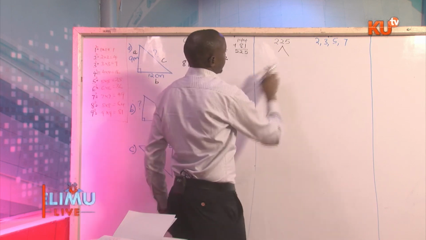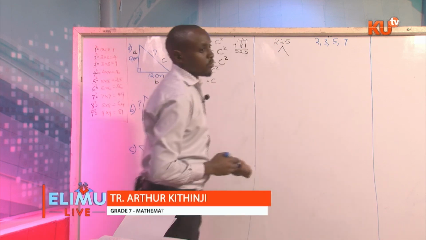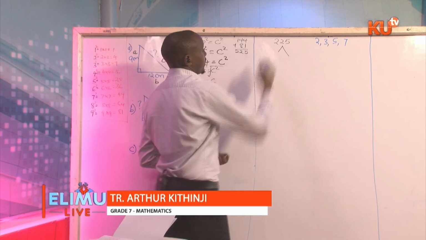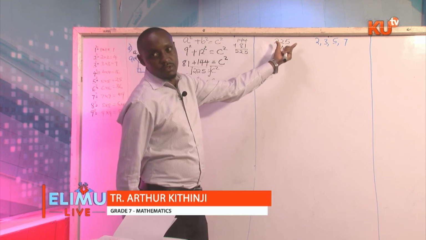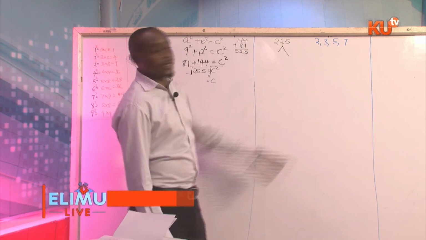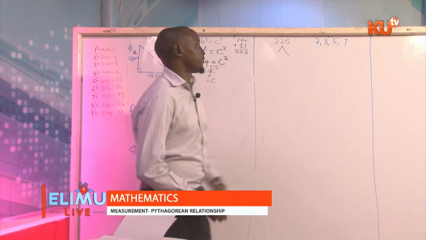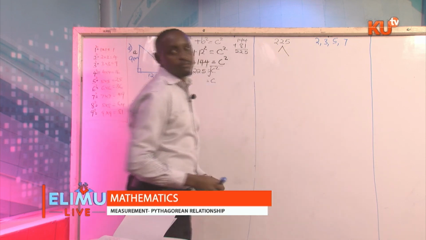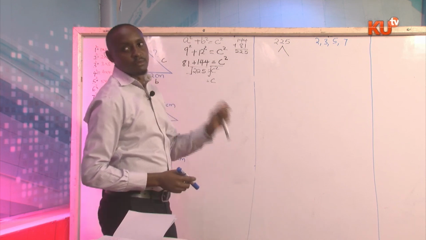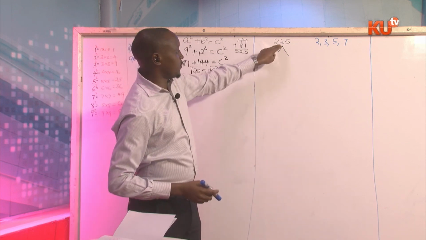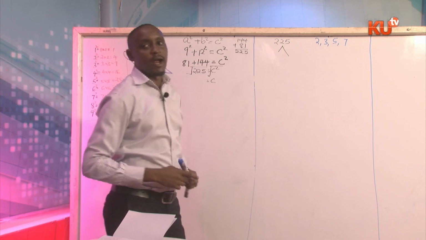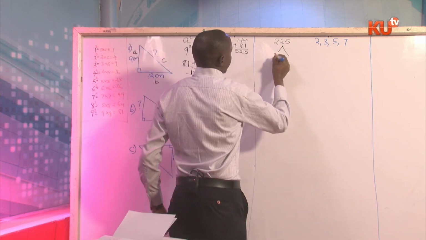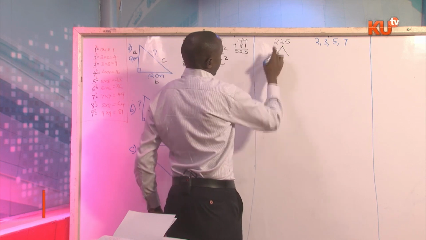If this number is divisible by 2, the last digit should be an even number, which means 225 is not divisible by 2. So let's check divisibility test of 3. It says that when you add the digits, the number should be forming a number which is divisible by 3. 2 plus 2 is 4, 4 plus 5 is 9, and 9 is divisible by 3, which means the entire number is divisible by 3.